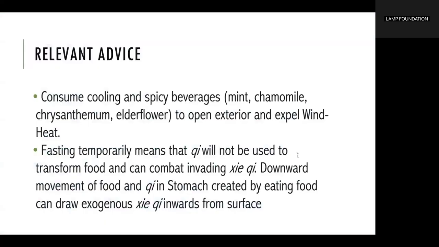When there is an acute invasion of exogenous pathogenic factor in the exterior, it is advisable to consume beverages that are cooling and spicy, such as mint, chamomile, chrysanthemum, or elderflower to open the exterior and expel wind heat. Fasting is also advisable.